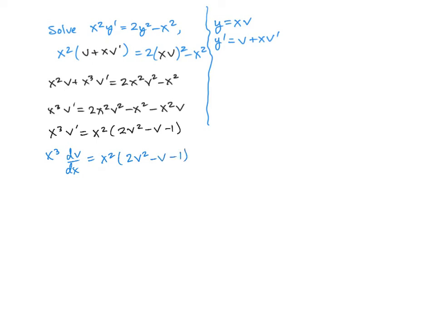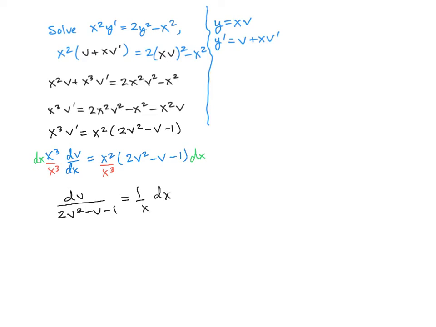And now if we go through and divide both sides by x cubed and multiply both sides by dx and divide both sides by the 2v squared minus v minus 1, we will end up with dv over 2v squared minus v minus 1, and that is equal to 1 over x times dx.